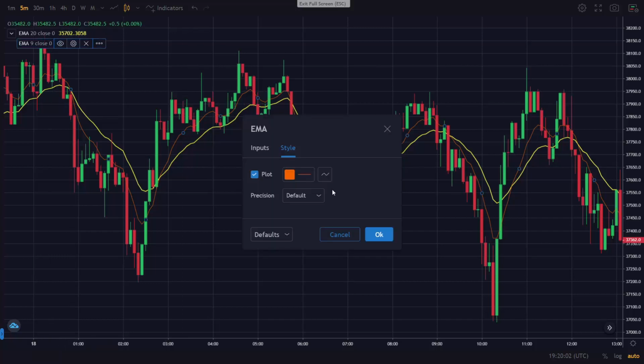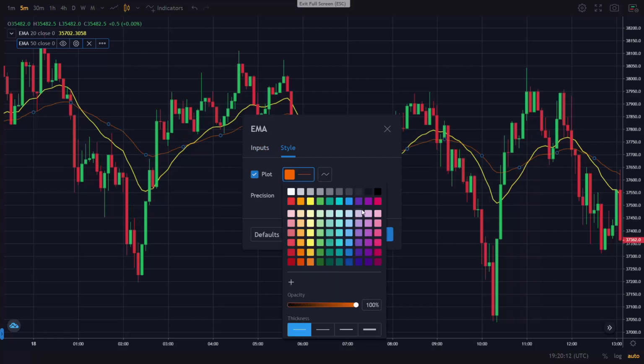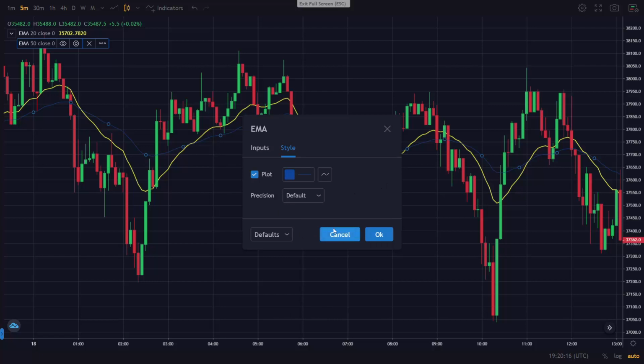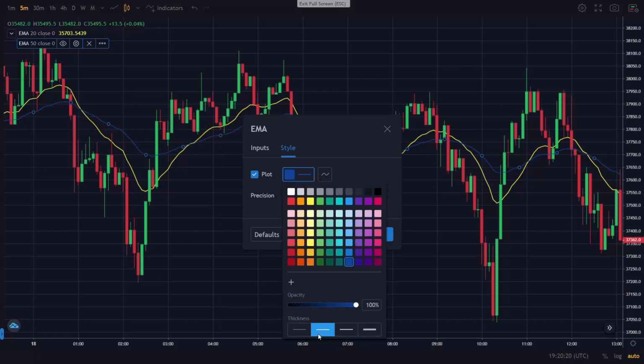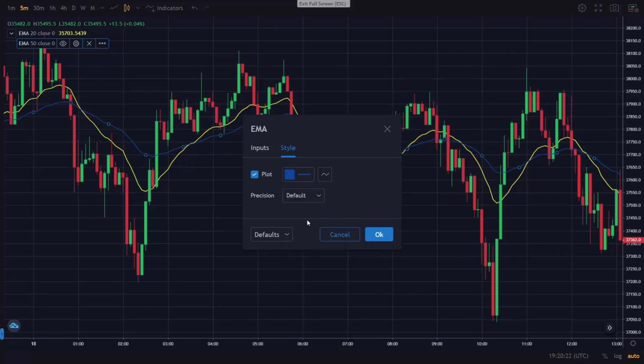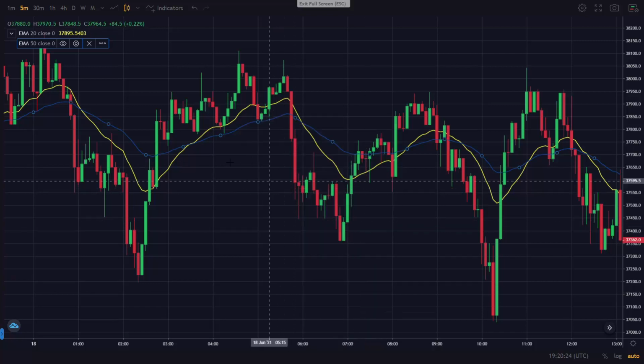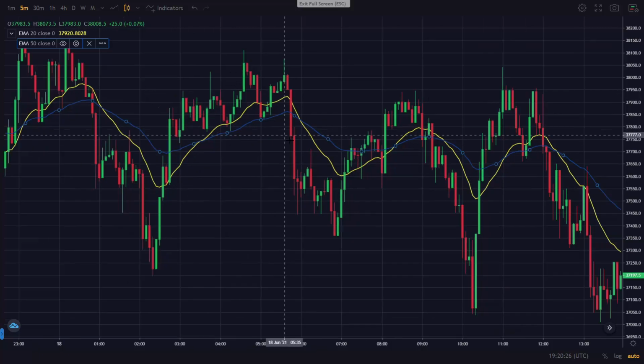And for the second EMA, we are going to change the length to 50. Change the color to blue. And make it a bit thicker. So there we have them, the 2 exponential moving averages.